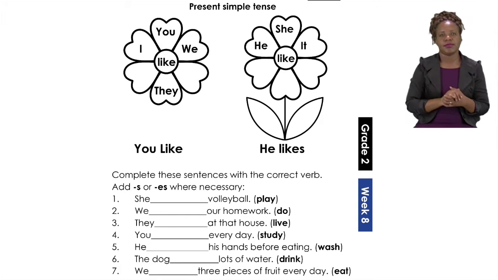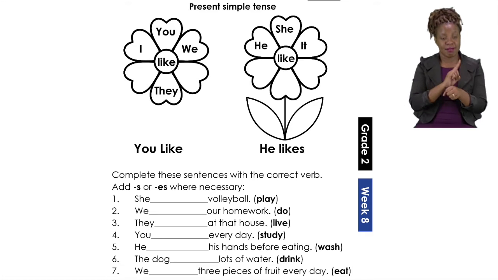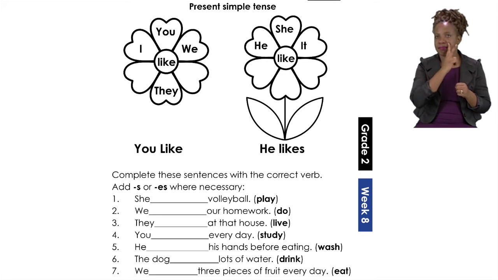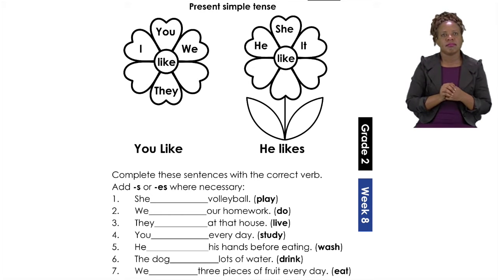I like school. They like horse riding. So the first flower, where you see the words you, we, they, and I, our verb does not change. We use the word like the way it is.